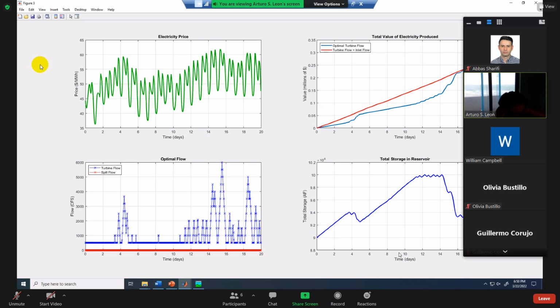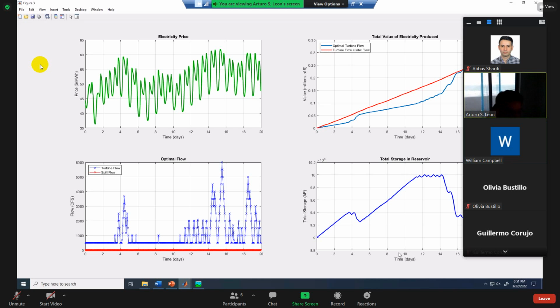Okay, William, were you able to run the model? Yes, I was able to run it. I'm not seeing all of the same things, I don't think, but it might be because my computer's slow. Actually, it did run, but I don't see the electricity price and optimal flow like you're showing there.